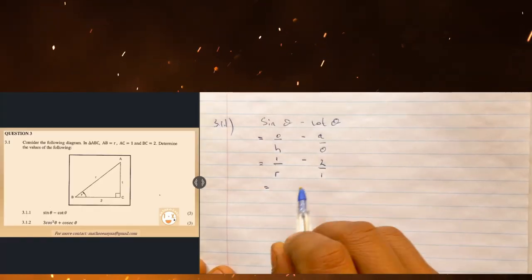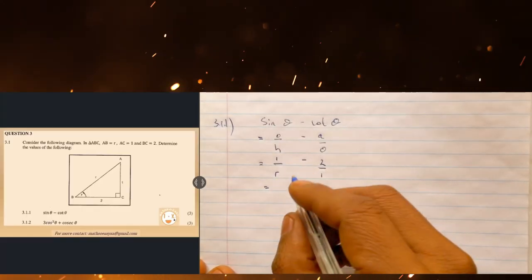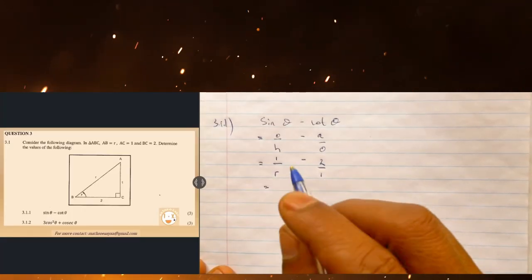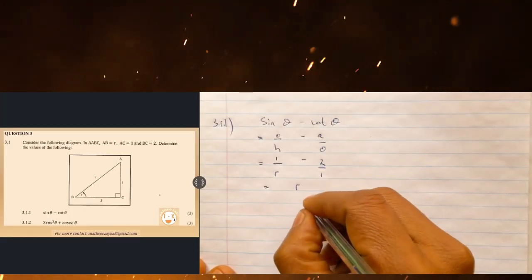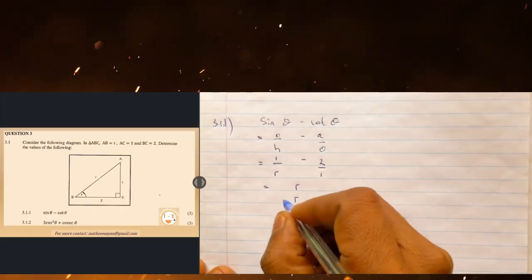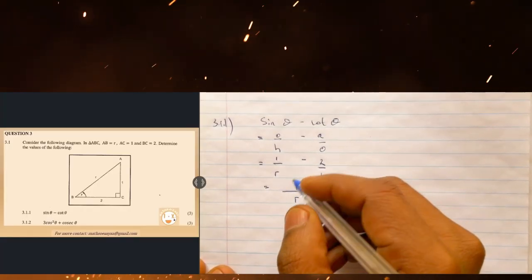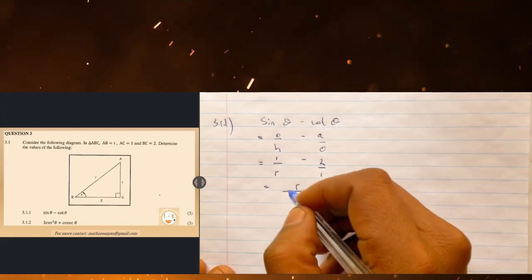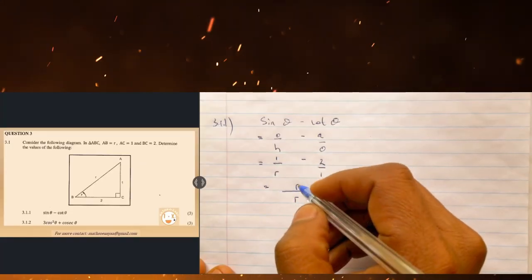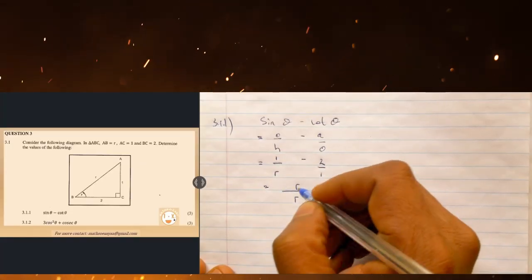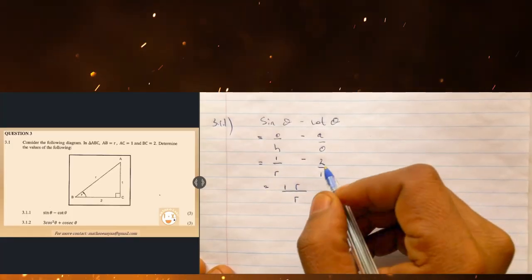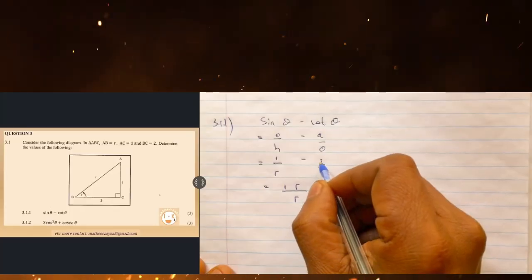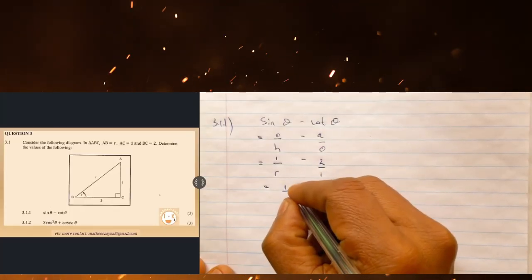So our LCD will be r. If this is r, r goes there once. So 1 times r will be 1 times 1 will be 1. Then this one goes into r times, then times 2 will be 2r.